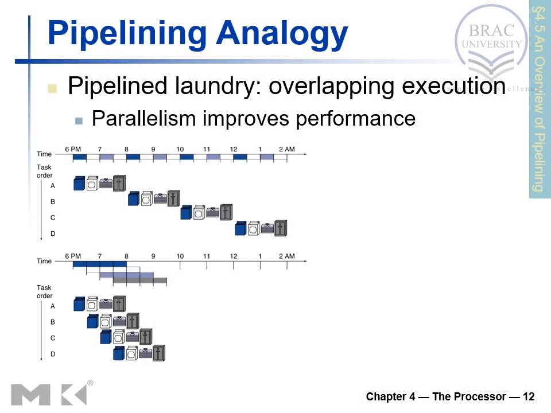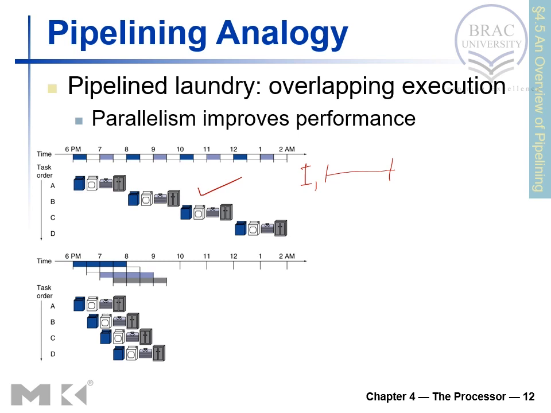Now if we look at this diagram, this is what single cycle execution would look like. Let's say this is our instruction 1, and this is the clock period of one instruction.